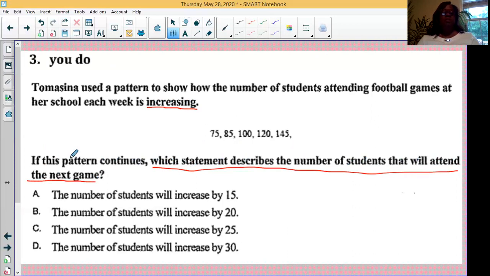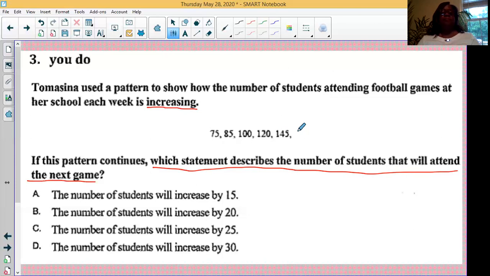But it says if it continues, which statement describes the number of students that will attend the next game? So it's going to be what you get back here for the answer. Okay, so you need to first figure out what is the rule for 75 to 85. Then figure out what's the rule for 85 to 100. What's the rule for 100 to 120? What's the rule for 120 to 145? And if it was to increase again, what would be at the end?